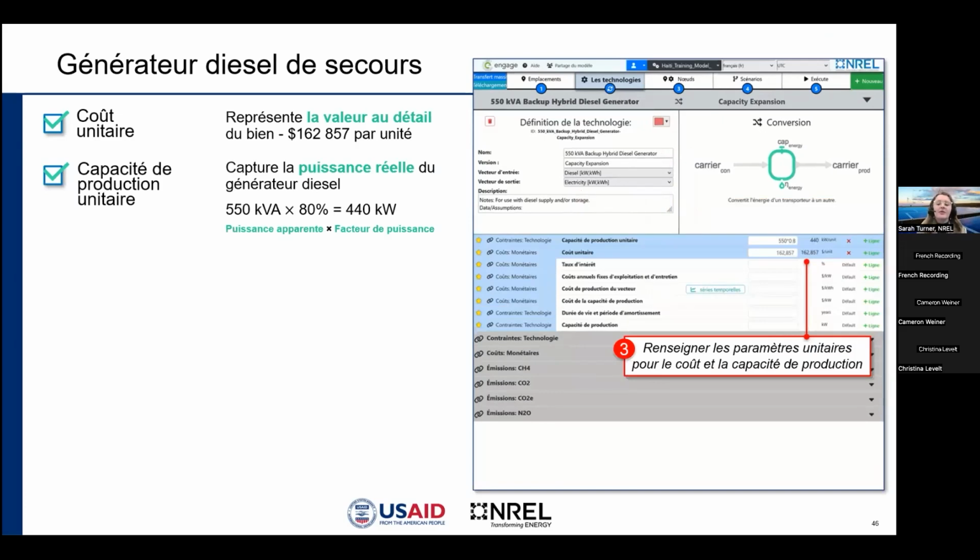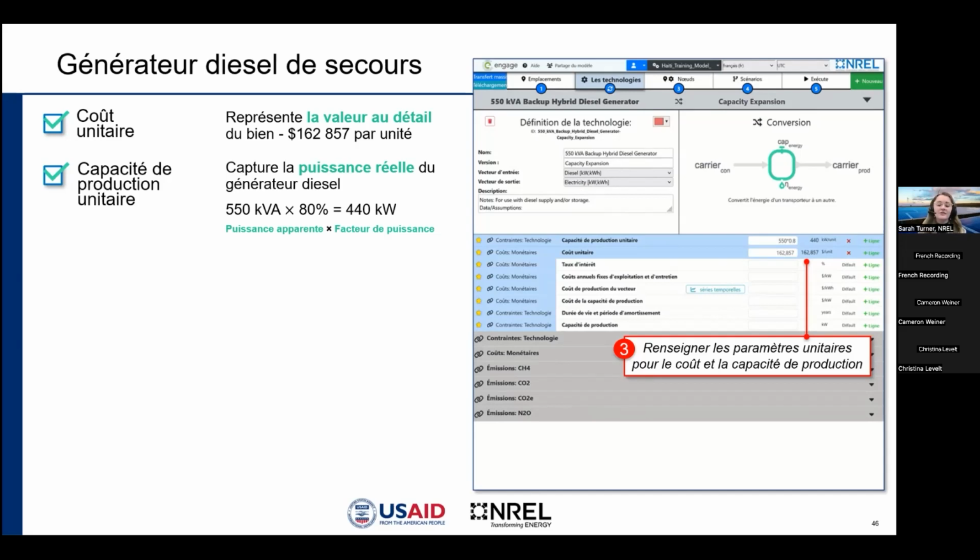The first parameter is the diesel generator's cost, which has an approximate retail value of $162,000 per unit. The second parameter we'll want to populate is the technology's unit production capacity.